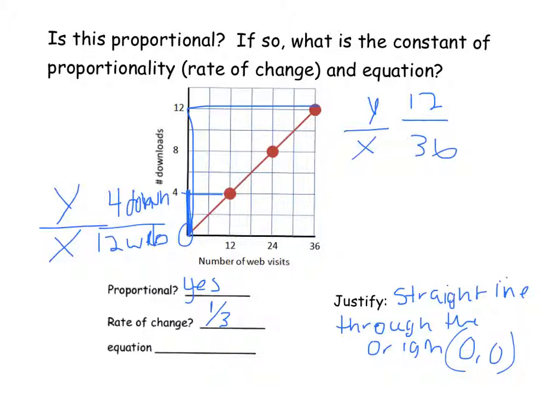So there is 1 download for every 3 websites. That's what that number means. So every time you go to a website, every 3 websites you visit, you get 1 download. And remember, this rate, when we're writing the equation, is the coefficient of x. So y equals 1/3 x.